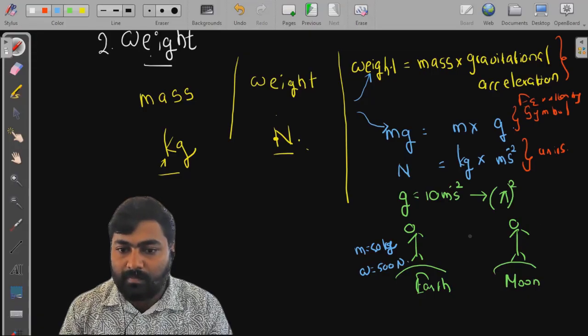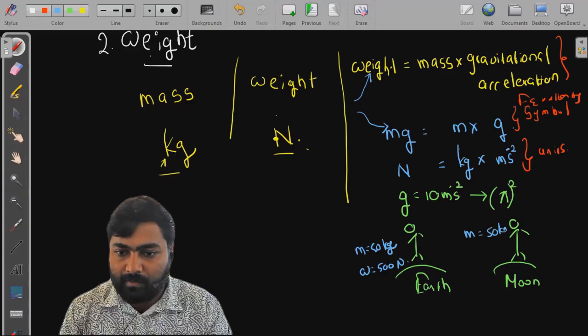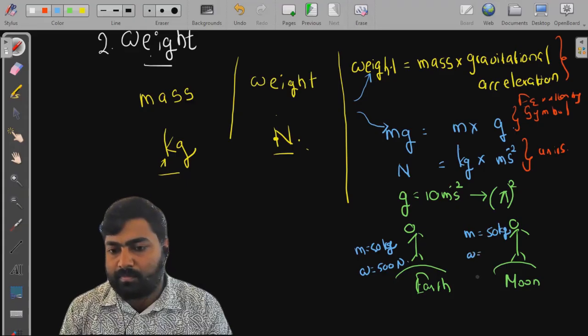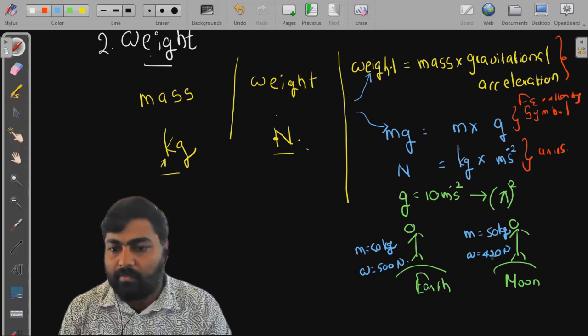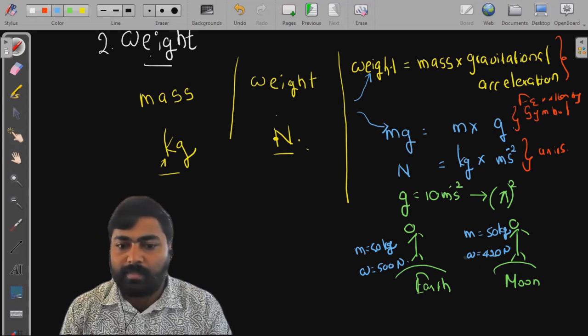In here, mass is constant, 50 kilogram, but the weight should be around 420 Newton. This is not the exact value, okay? Around 420 Newton, just for your understanding, okay?